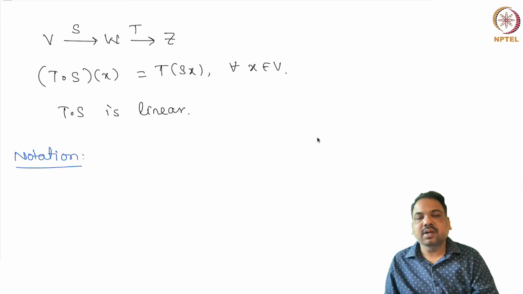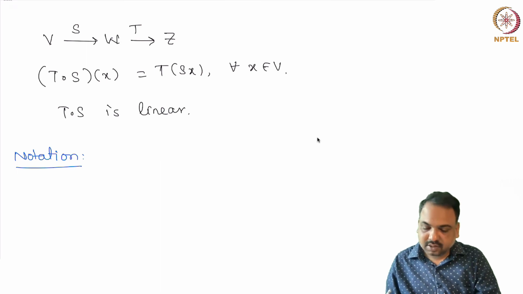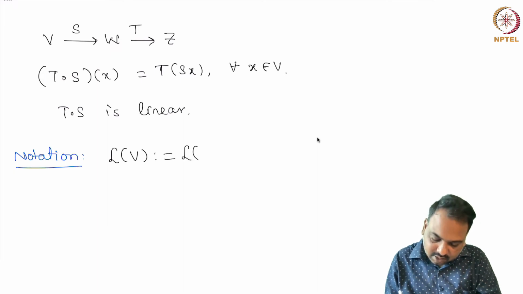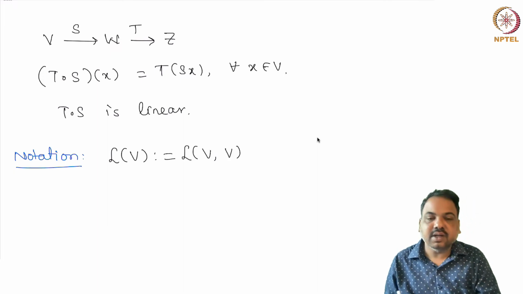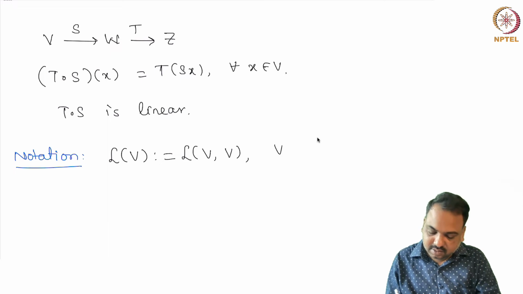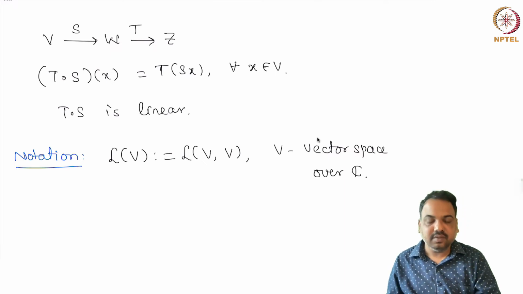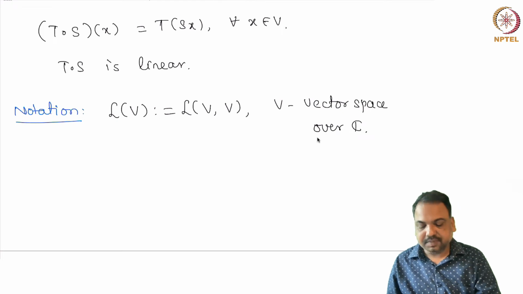Instead of writing L(V, W) all the time when V equals W, we write this as L(V) instead of writing L(V, V), where V is a vector space over C. This is for simplification of the notation.